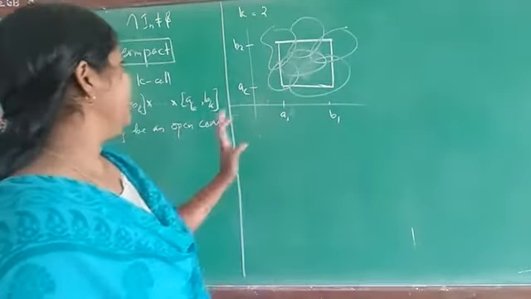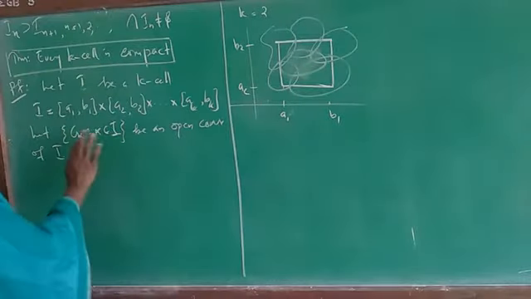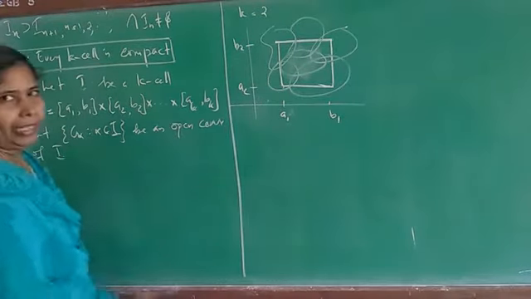Directly we may not be able to proceed, so we suppose that it has no finite subcover and arrive at a contradiction.